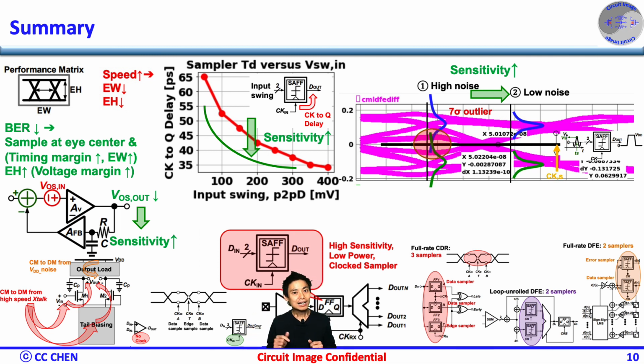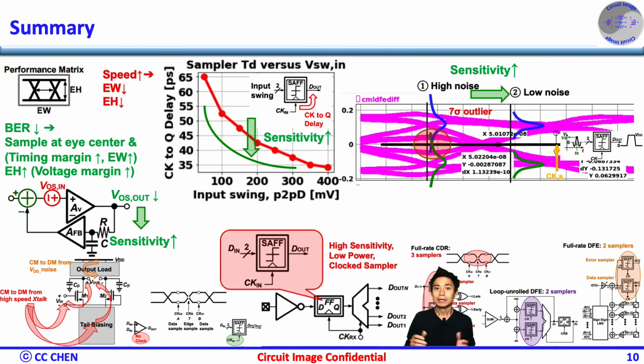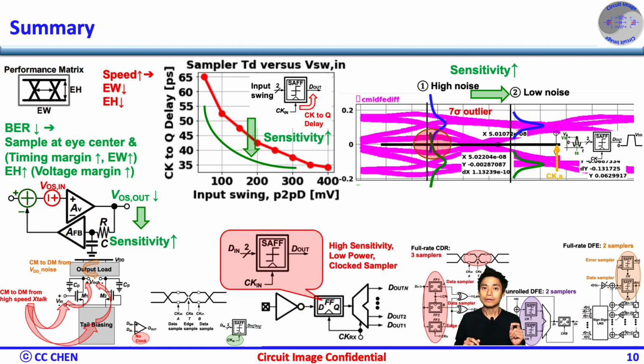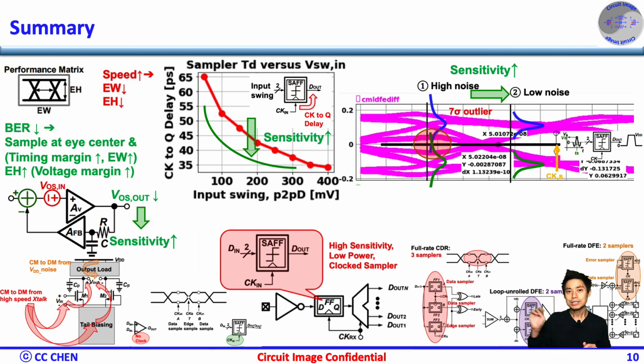Unfortunately, the clock sampler operates at the RX front end under the high speed of the clocking and data. Also, the demands of the full-rate RX would be high, with 3 samplers in the CDR and 4 samplers in the loop unrolled DFE. The sampler power will go up quickly, and we need to pay attention to any power overhead in the sampler design.